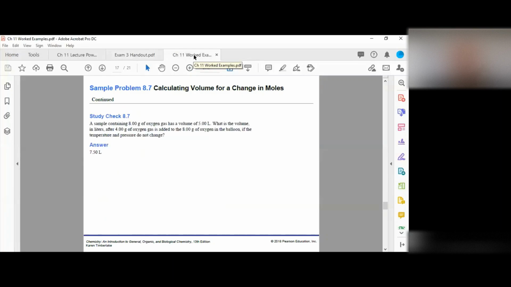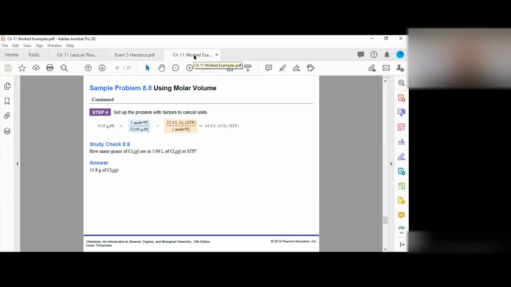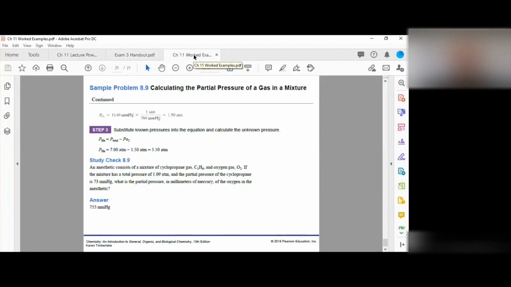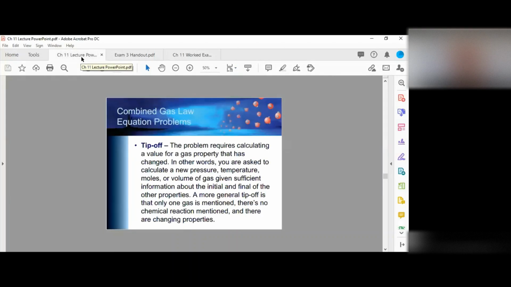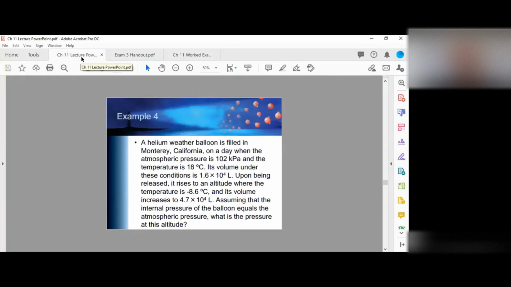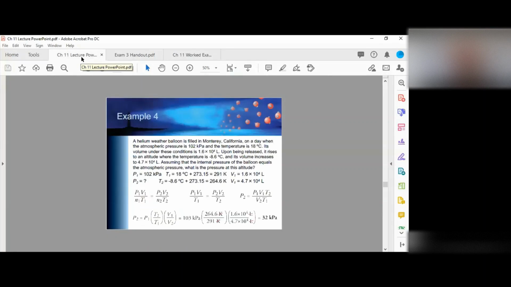So let's look at the worked example file. There is a question, I believe, that deals with the combined gas law. Maybe not. Let's see. Oh yeah, this one.